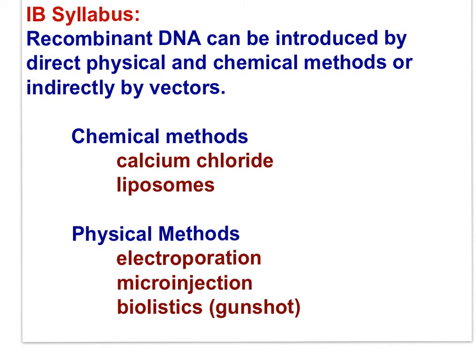Now remember, recombinant DNA can be introduced by direct physical and chemical methods. Chemical methods include the use of calcium chloride or liposomes, and physical methods include electroporation, microinjection, and biolistics, the gunshot method. Let's take a look at all 5 methods.